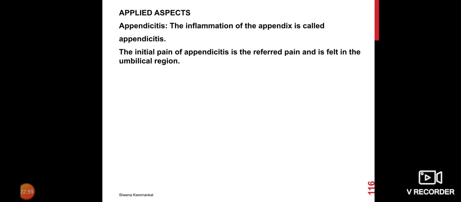So McBurney's point is the point at the junction between the medial 2/3 and lateral 1/3 of a line extending from the umbilicus to the right anterior superior iliac spine. This is the site where the maximum tenderness of appendicitis can be felt.